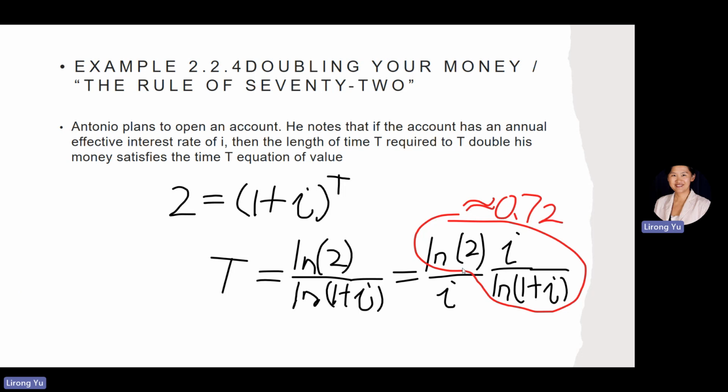So we can quickly calculate t by 0.72 divided by i. For example, if i equals 3%, then 72% divided by 3% is 24. That means it takes us 24 years to double the money. So the rule of 72 gives us a quick way to calculate the doubling time, but you can also set up the time value equation to solve for t.